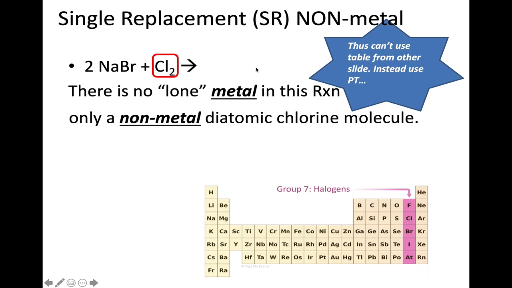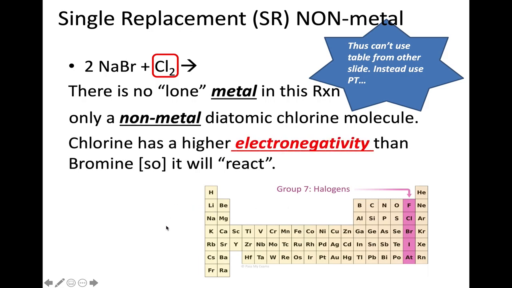So here's bromine and chlorine. They're both halogens. Chlorine has a higher electronegativity. Remember, if I go from left to right, the higher electronegativity, I go from the bottom to the top, higher electronegativity. So the ones in this upper corner have the highest electronegativity.